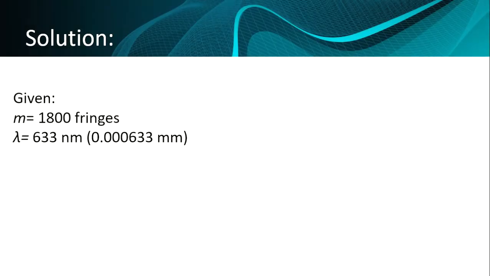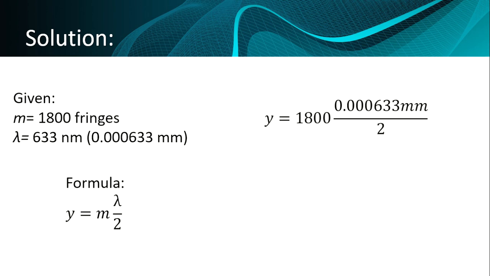So we have our solution here. Given are the number of fringes m, which is 1,800 fringes, and our λ equals 633 nanometers or 0.000633 millimeters. So we have our formula y equals mλ/2.